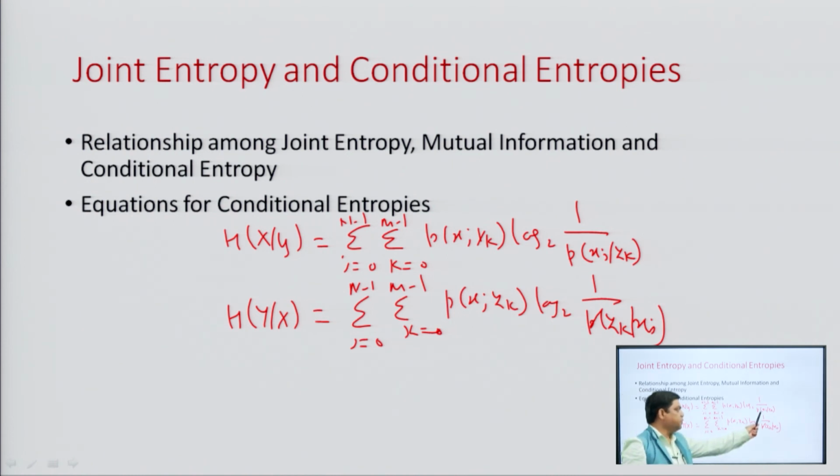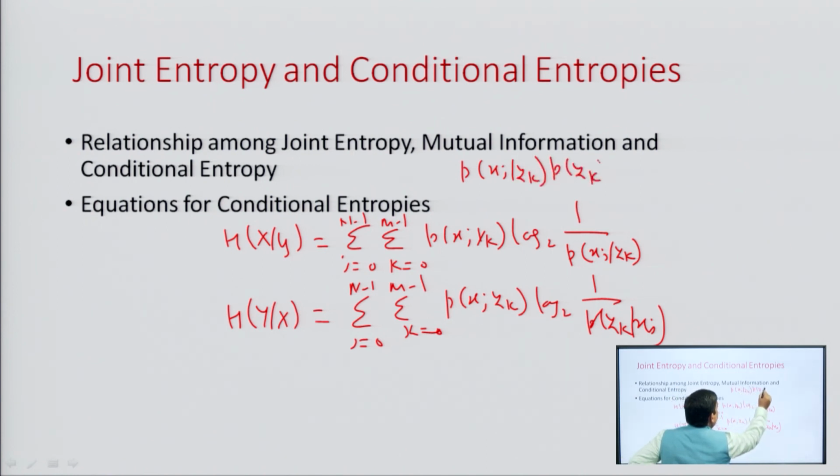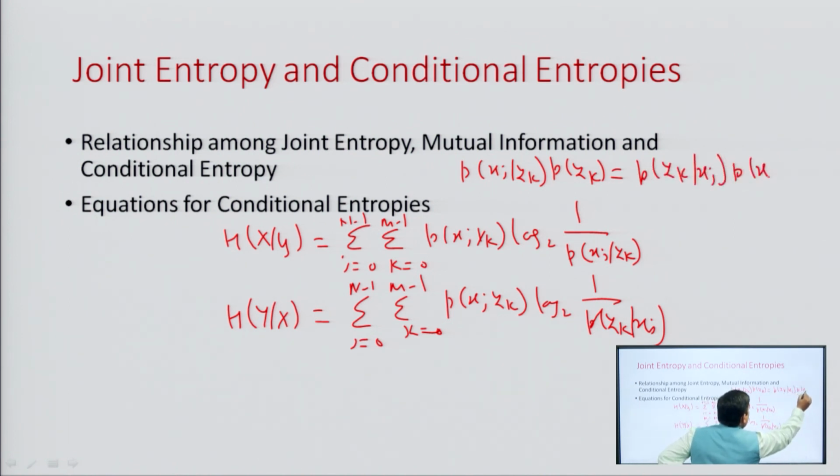These p(x_j | y_k) and p(y_k | x_j) come from one relationship which we have already seen, that is p(x_j | y_k) into p(y_k) equals p(y_k | x_j) into p(x_j) equals the joint probability.